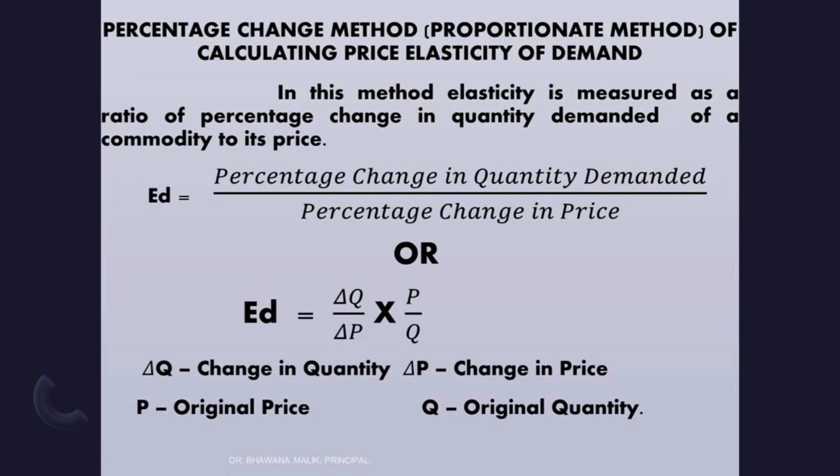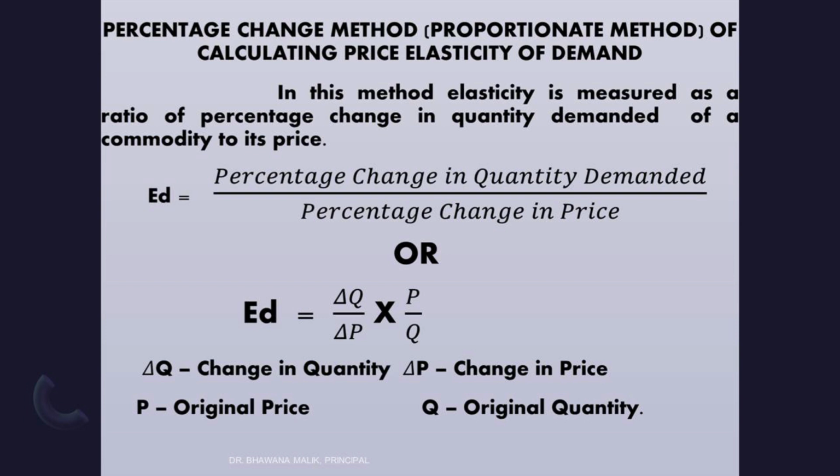Students, now we are going to discuss the percentage change method, that is the proportionate method of calculating price elasticity of demand. In this method, elasticity is measured as a ratio of the percentage change in quantity demanded of a commodity to its price.